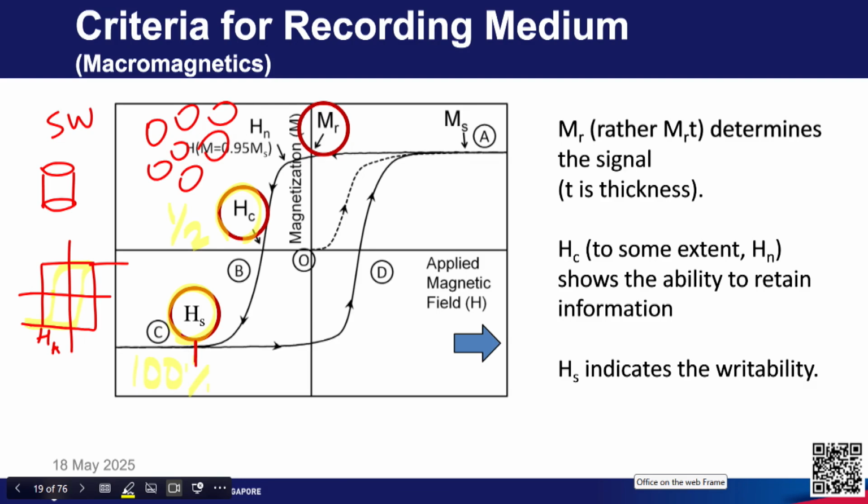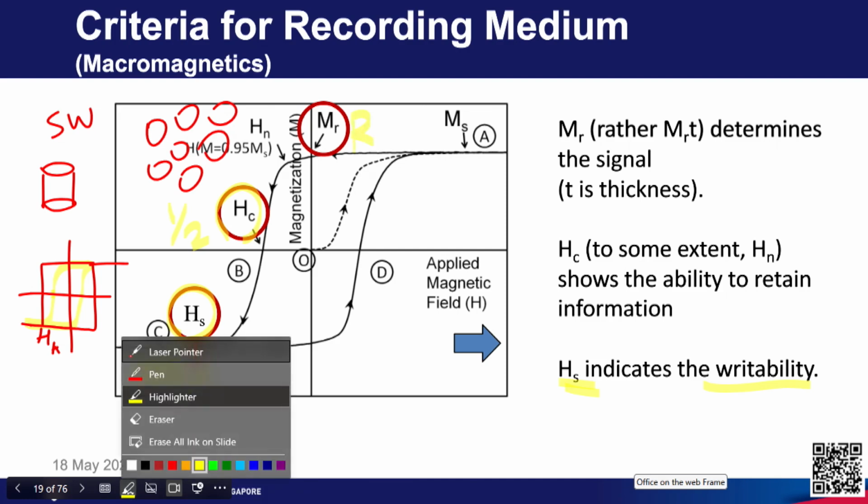So, we should apply a magnetic field larger than the saturating field to write information. So, we can say that the Hs is related to writability of information. So, this is for reading. Okay, let me use another color.